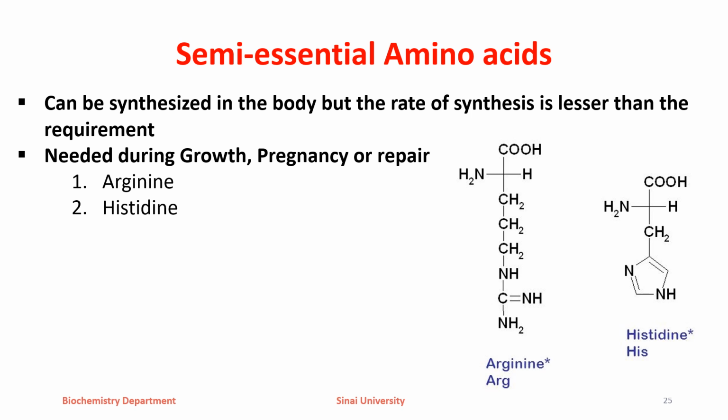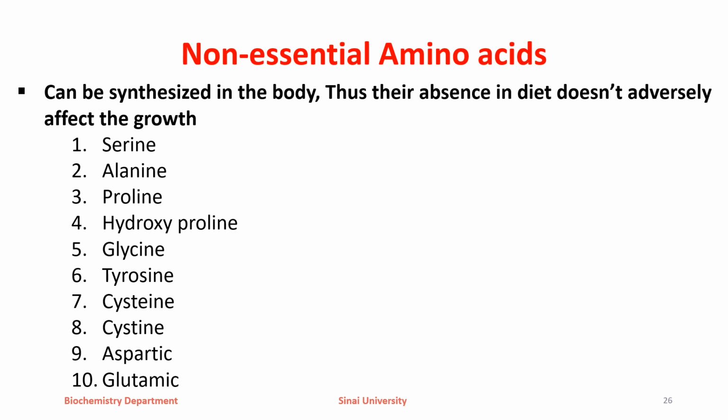Semi-essential amino acids can be synthesized in the body, but the rate of synthesis is lesser than requirement, needed during growth, pregnancy, or repair, like arginine and histidine. Non-essential amino acids can be synthesized in the body, thus their absence in diet doesn't adversely affect the growth, like serine, alanine, proline, hydroxyproline, glycine, tyrosine, cysteine, aspartic, glutamic.